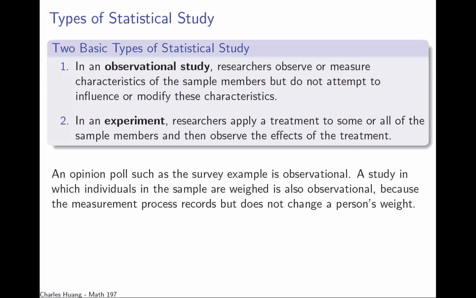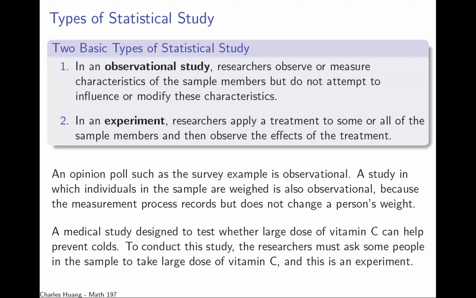For example, if I try to find out the average weight of, say, students in our college, we'll go and do measurements, but our measurement doesn't actually make people gain or lose weight. So this is also an observational study. Most medical studies are done as experiments.